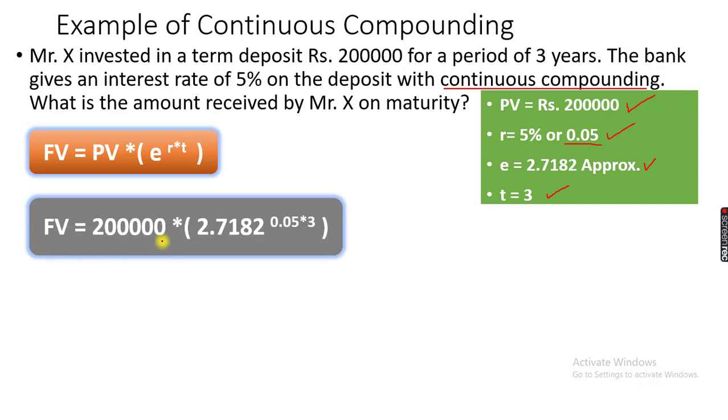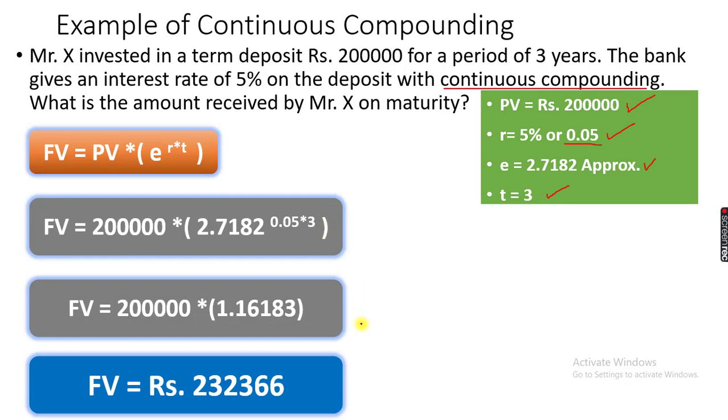Then FV is equal to rupees 2 lakhs into 2.7182 to the power of 0.05 into 3. The future value interest factor in this case is 1.16183. Then the answer, future value, is rupees 2,32,366.